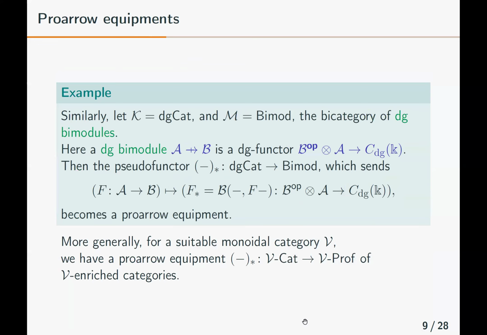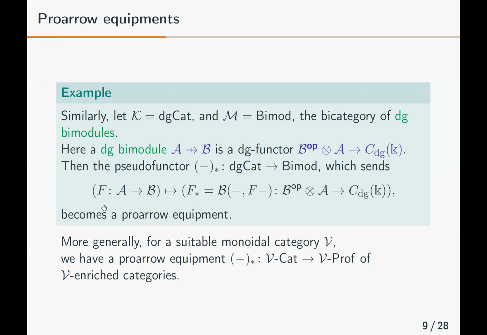Let us look at the DG case. Take K as the 2-category of DG categories, DGCat, and let M be Bimod, the bicategory of DG bimodules. Here, a DG bimodule, or DG profunctor, from A to B is a DG functor from B^op ⊗ A to C_DG(k), like this.